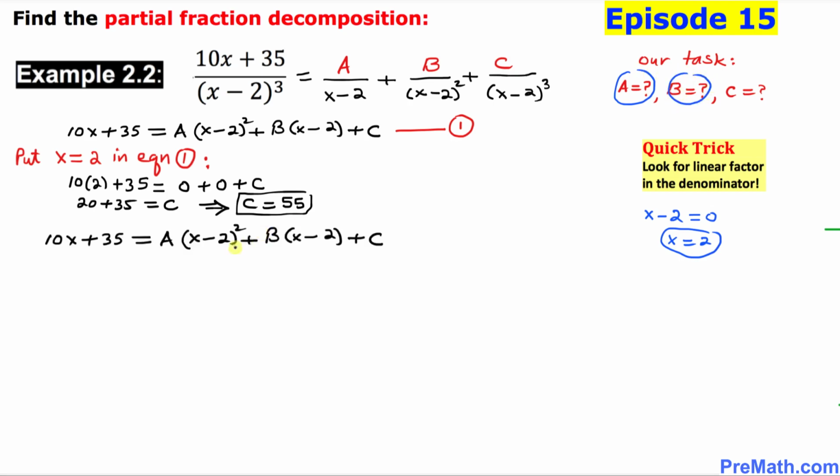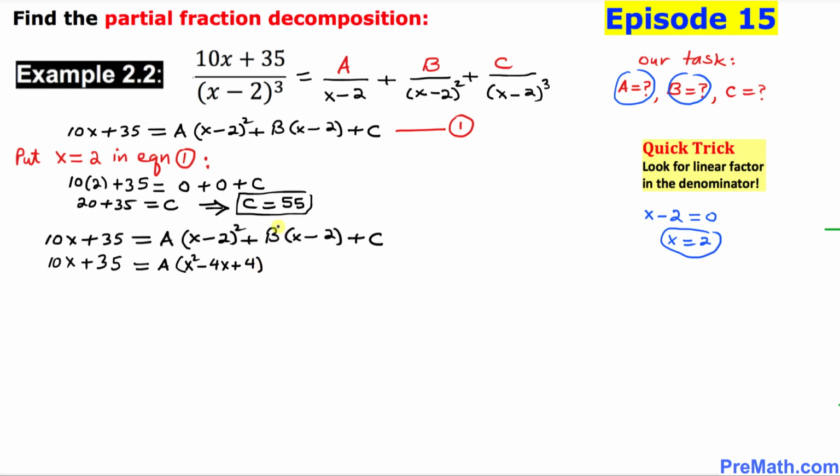All right. And here is our next step. I have just copied down this equation number 1 right up here, and I'm going to write down 10x plus 35. Just see how I am going to proceed now. A times, we know that (x minus 2) squared, when we expand it, is going to become simply x squared minus 4x plus 4.